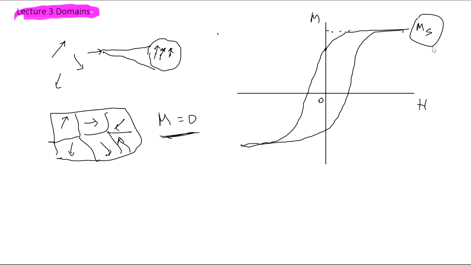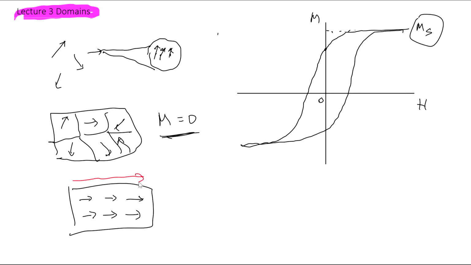This, as you know, represents the case when all magnetic moments point in the same direction. It means that if you look at the material microscopically, you will see that all magnetic moments are aligned along the applied field, let's say we apply the field in this direction, H. Now, by looking at this, you can see that the magnetization at zero magnetic field is smaller than saturation magnetization.